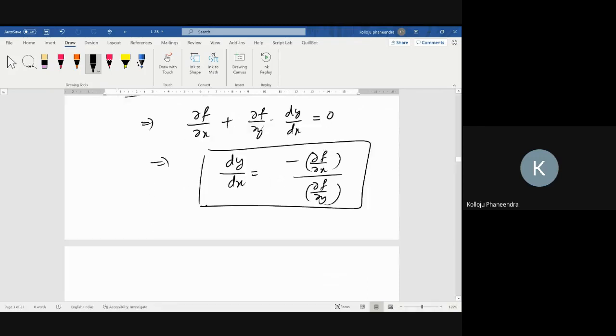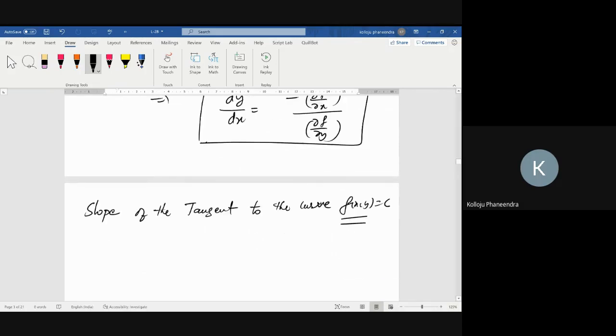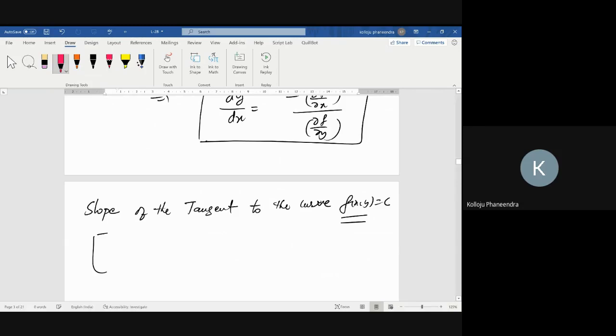This is called slope. Slope of the tangent to the curve. What is that curve? f(x, y) = c. Or first derivative, dy/dx. How to write? See, the hint I'm giving. If f(x, y) = c, then dy/dx equals, first f derivative with respect to x, partial, because it is a function of 2, divided by f derivative with respect to y, put a minus sign.